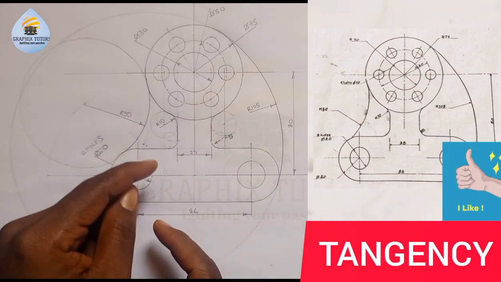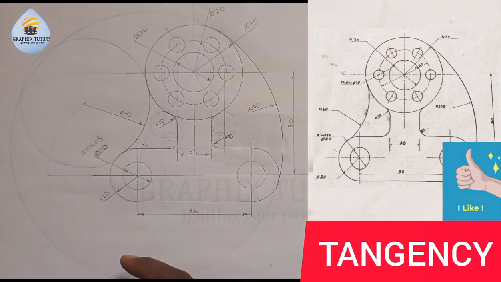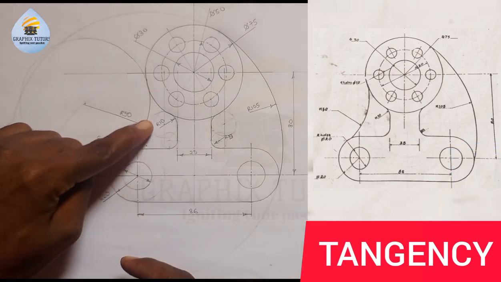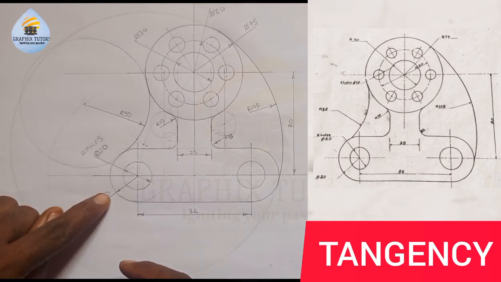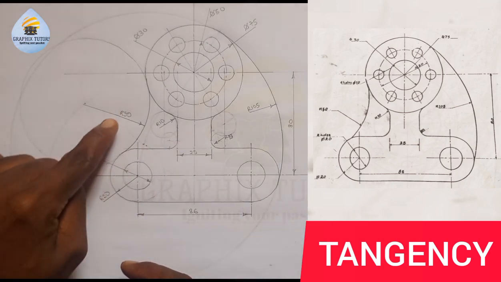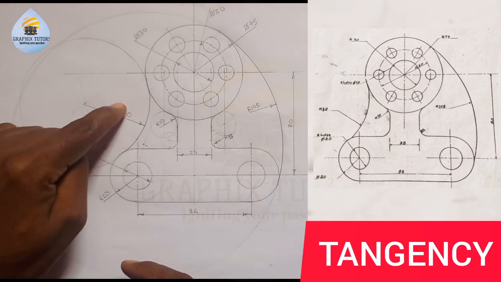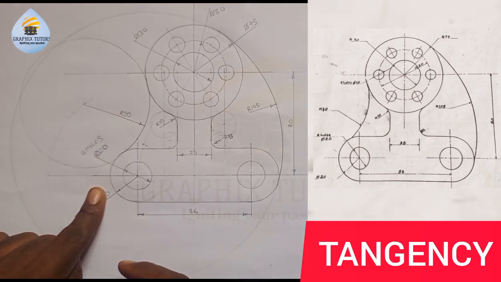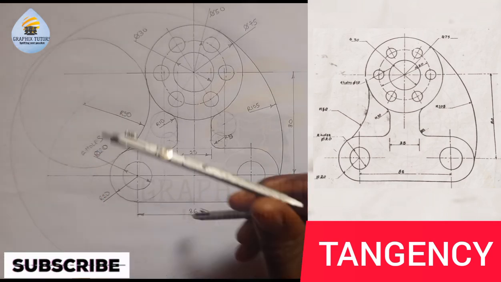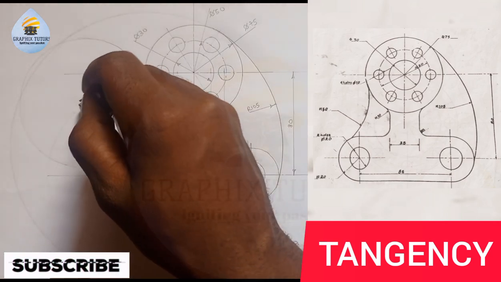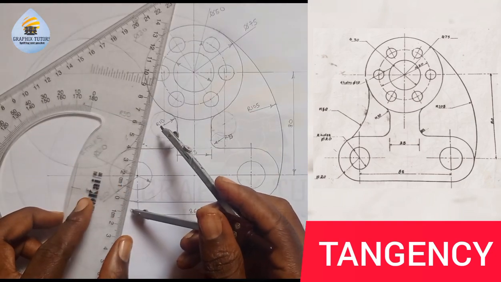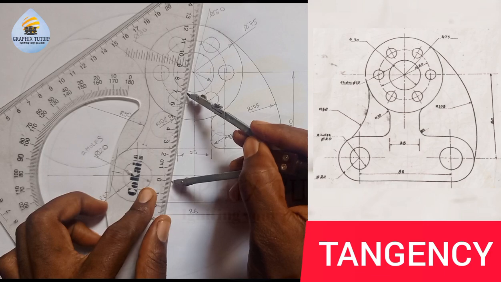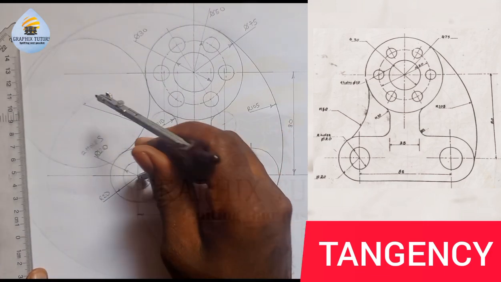In this case, you are going to what? Add their radius. The arc here has a radius of 50. The radius of this smaller circle is 20, you add it, 20 plus 50, you have 70. You place it at the center here and you measure 70 on your meter rule, and you strike an arc.